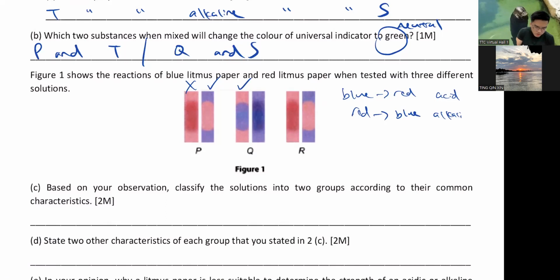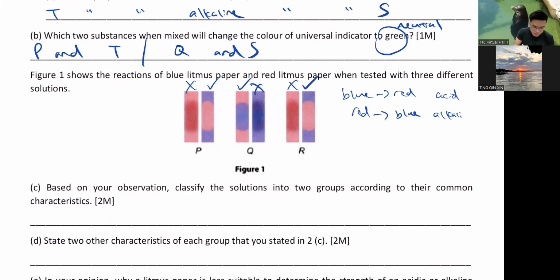So we assume the middle was dropped on. The whole strip is blue, the middle becomes red. And this one is red, the middle becomes blue, so this is red to blue, and blue is not changing to red. And R is the same as P: red no change, blue changes to red.